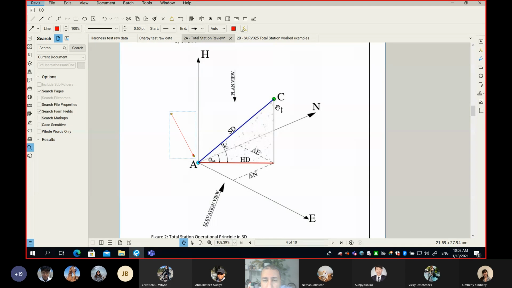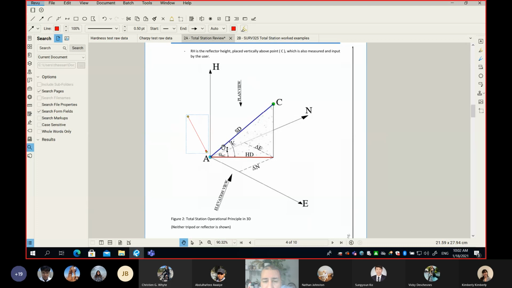For example, manholes, building corners, electrical posts, fire hydrants, in general any point that you want to find the easting, northing, and elevation for.